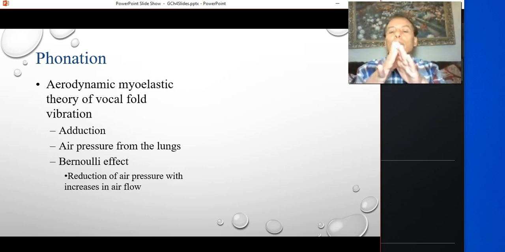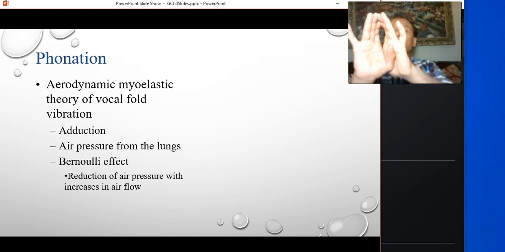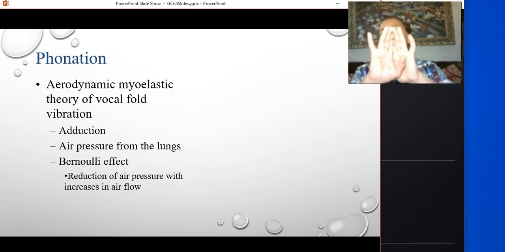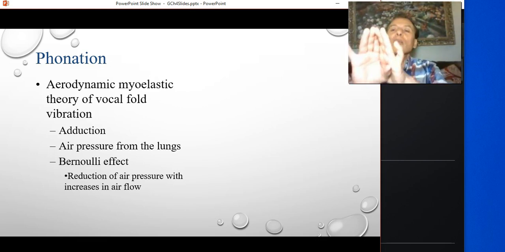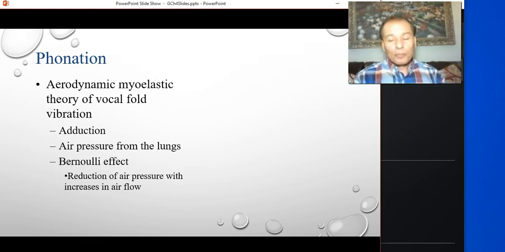And as it builds up beneath them, it's going to push them up, it's going to push the medial edges apart. So they start to go away like this, to be abducted. And then the vocal folds would want to come back again to close, to resist the air pressure. And then the air pressure goes back again, to open them up.